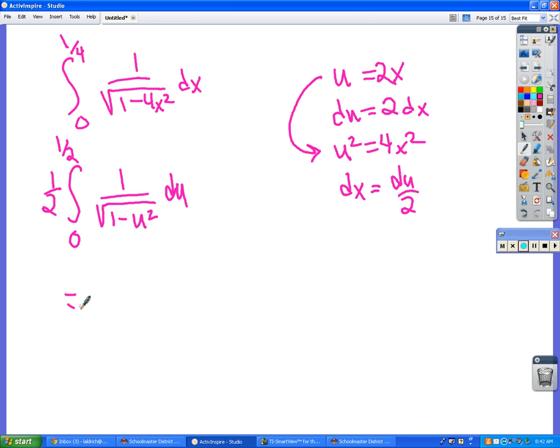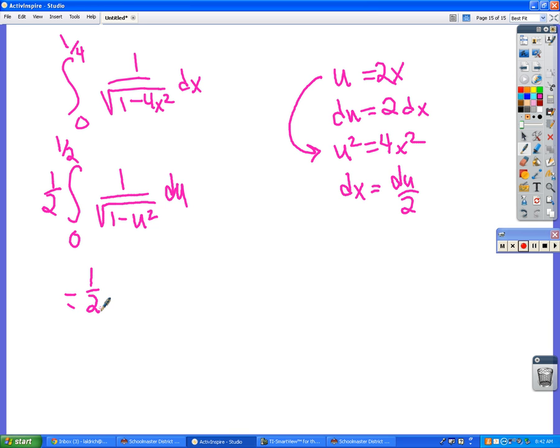So the antiderivative of 1 over the square root of 1 minus u squared is easy. Yeah, inverse sine.